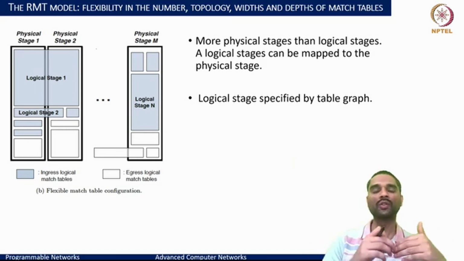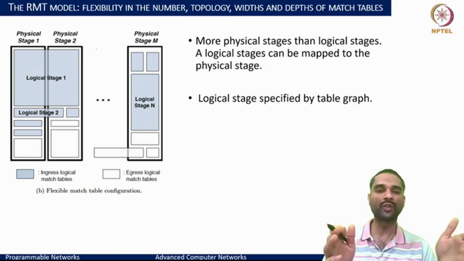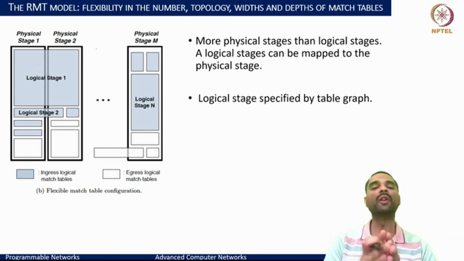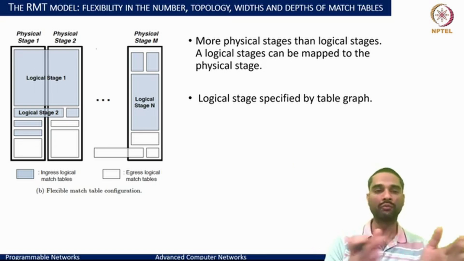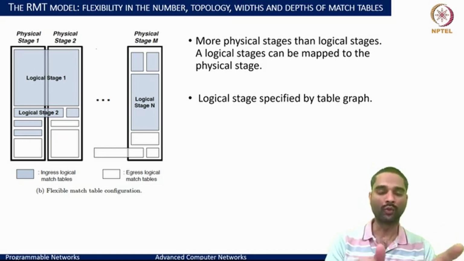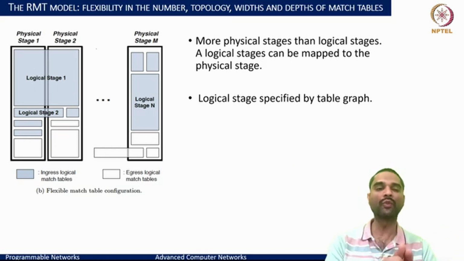That means the width of a logical stage may encompass multiple physical stages. So if the physical stage comes with width support for 24 bits or 32 bits and we want to match on 64 bits, then 2 of the 32 bits would allow us to do that.